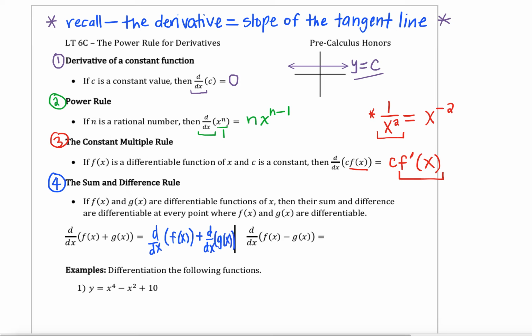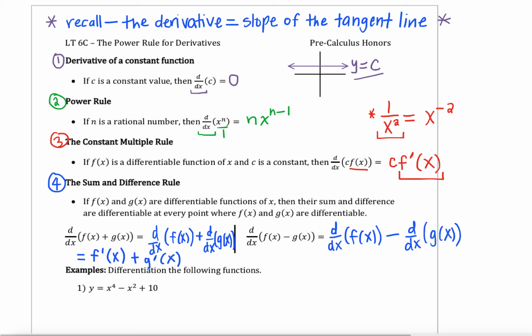Another way that we can think about writing it, and I'll squeeze it down here, is the derivative of f of x using the prime notation would be f prime of x plus the derivative of g of x using that prime notation would be g prime of x as well. Likewise, I can do the same thing with subtraction. I can distribute that derivative over the subtraction and take the derivative first of f of x minus the derivative of g of x.